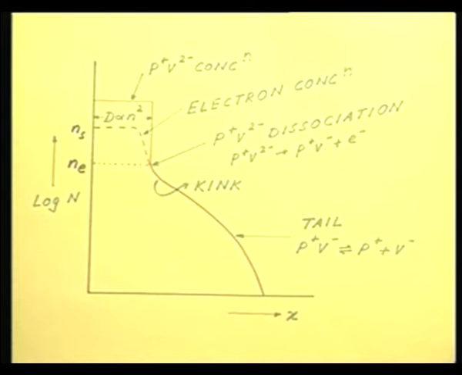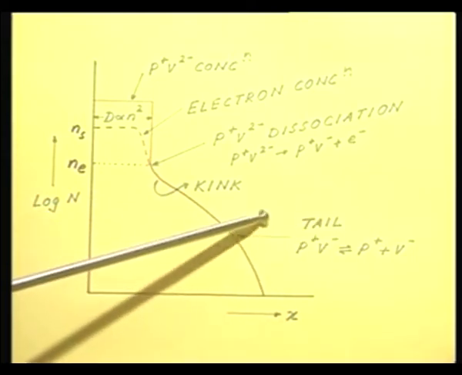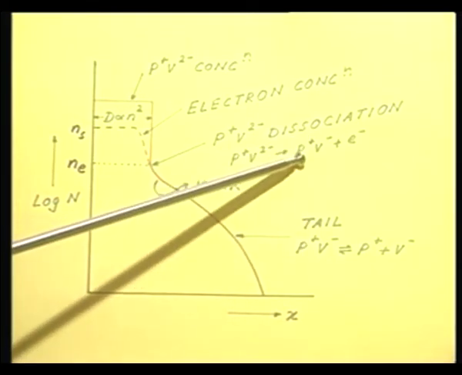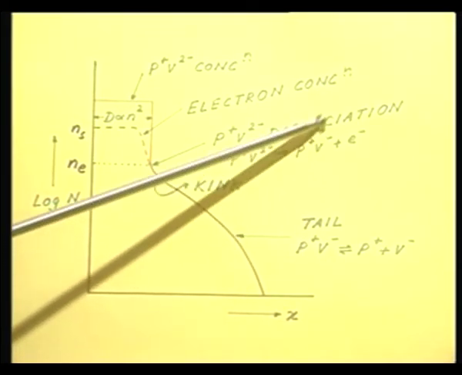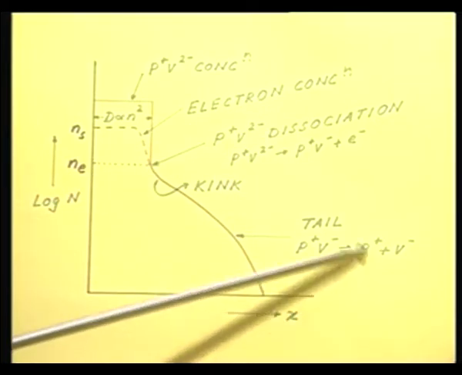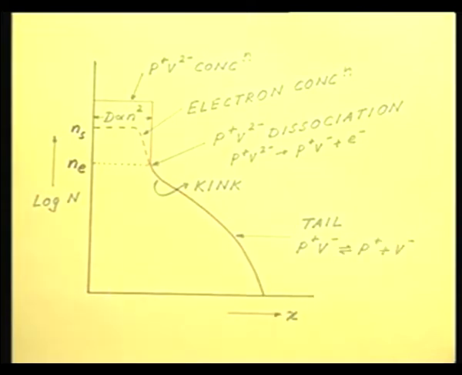And then as the concentration is lower and lower, we enter into what is known as the tail region for the phosphorus doping profile. In this tail region, there is further dissociation of this P plus V minus into the positively charged phosphorus ions and the vacancies. So, in this process, there are more vacancies released.